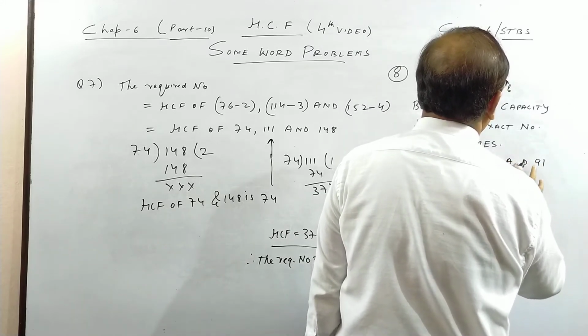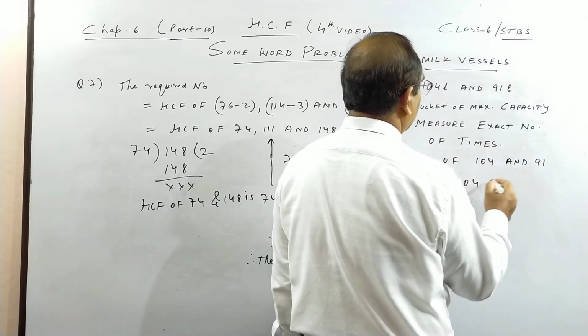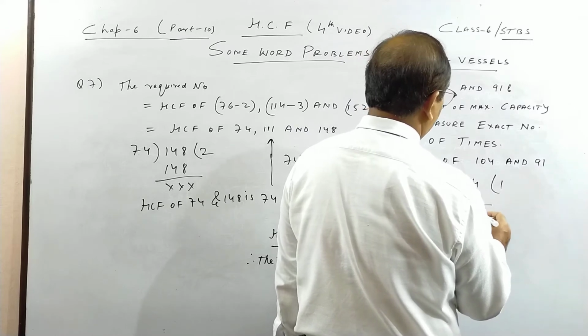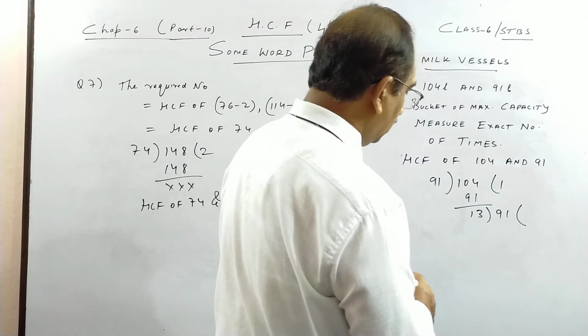Okay, so as you know, we take the smaller number and divide the bigger number. So we get 13.